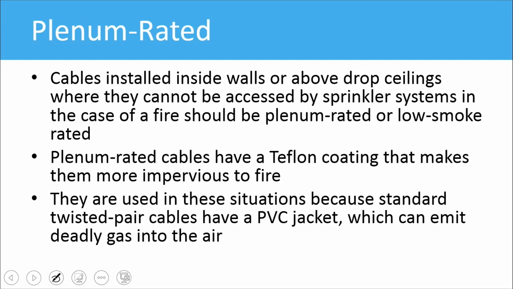cabling is important because if there's a fire, these cables have a Teflon coating that protects them, right? They don't give off high amounts of smoke, okay? They're used in these situations because standard twisted pair cables have a PVC jacket, which can actually emit a really deadly gas, which makes it really, really dangerous in a fire situation.